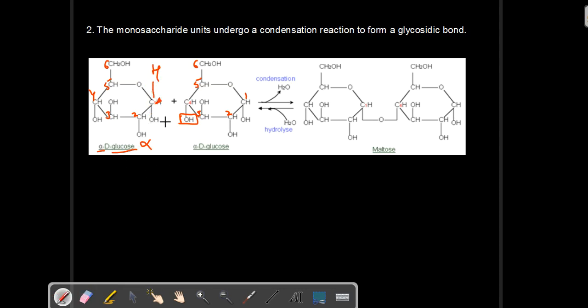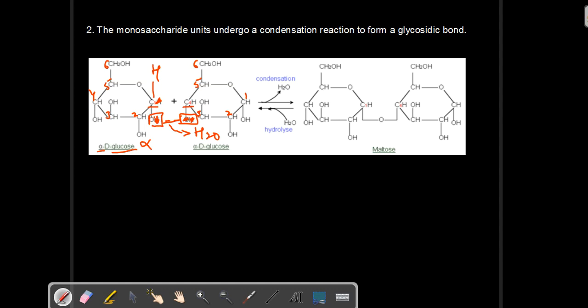Now, when the bond formation takes place, it takes place between carbon 1 of one of the glucose units and carbon 4 of the other glucose unit. Now, the two OH groups come closer together, and in the presence of a certain enzyme, both of them undergo something called a condensation reaction, and during this reaction a molecule of water is liberated. So this hydrogen is removed, this O is removed, and one more hydrogen is removed, and what are we left with? We are left with one oxygen atom.